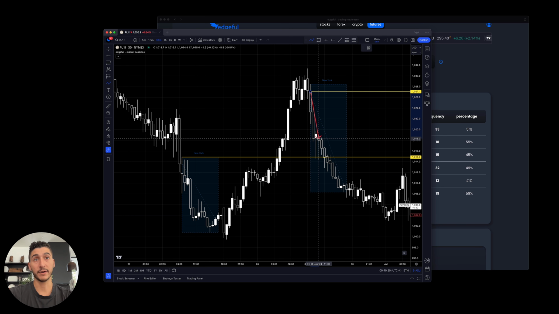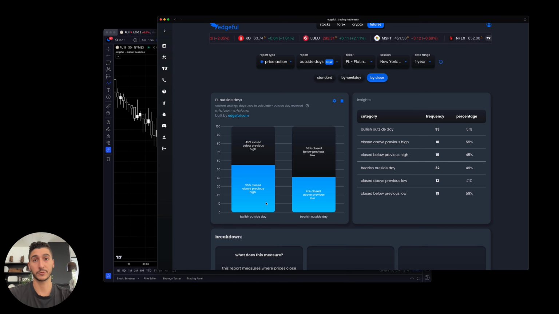A bullish outside day comes in. Now it clearly touched the previous day's high. Now you're saying, is it going to close above this high or below this high? And that's what this report is measuring. So it says closed above the previous high 55% of the time when it touches that high.